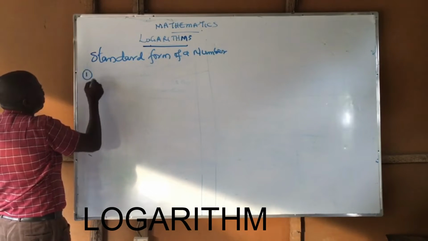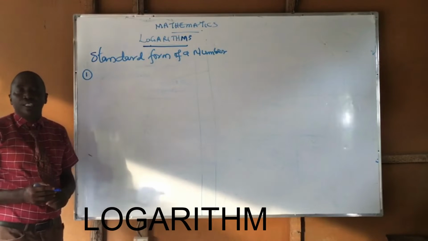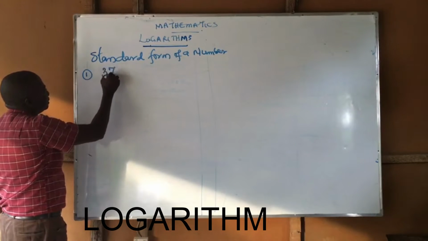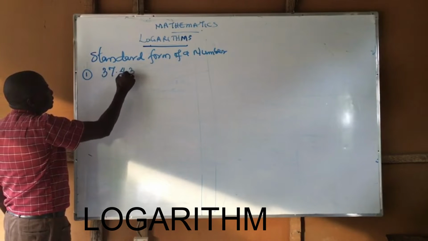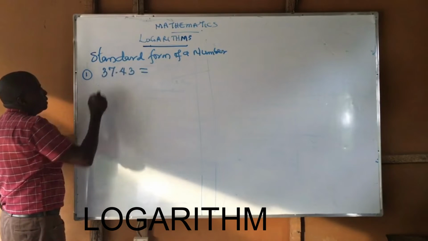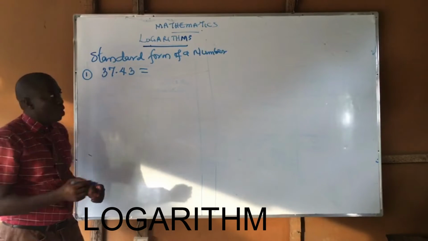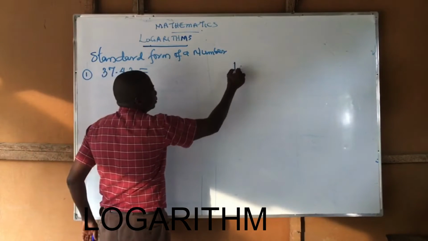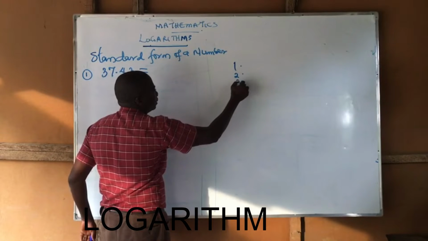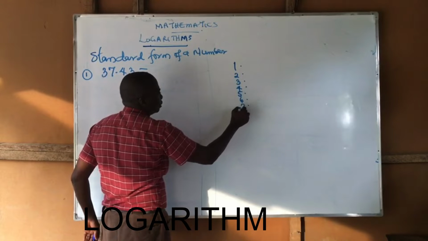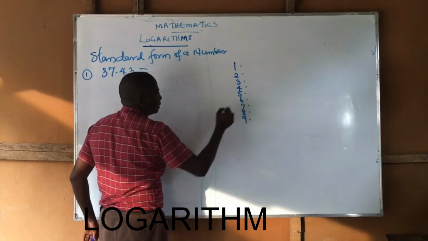Number 1. We want to see how we can write a number in standard form. 37.43. The standard form of a number is a number that can be in form of 1 point, or 2 point, or 3 point, or 4 point, or 5 point, or 6 point, or 7 point, or 8 point, or 9 point.